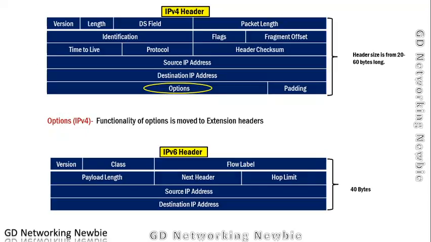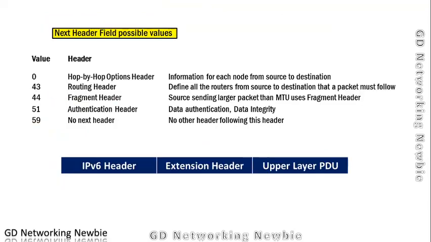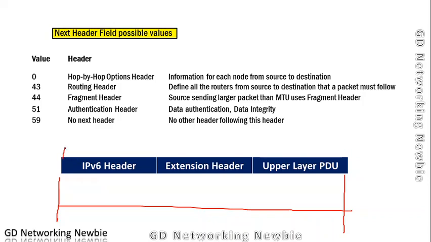Now, the extension header information is there in the next header. So in the next header, we can have different values, and those different values indicate different extension headers. Now you see here in this IPv6 packet, we have the IPv6 header, and we also have some optional extension headers to facilitate our communication.